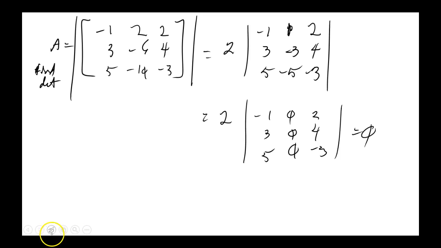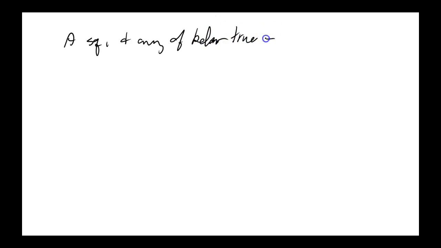Theorem 3.4, conditions that yield a 0 determinant. Of course, A has to be square. If it's not square, it doesn't have a determinant. So if A is square and any one of the following conditions is true, then the determinant of A is equal to 0.